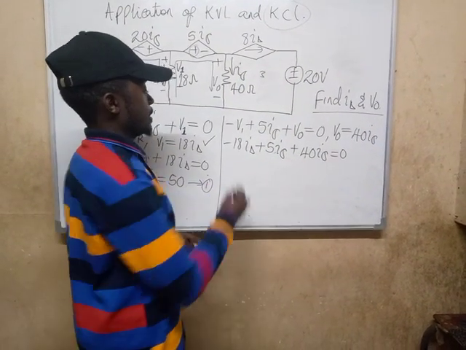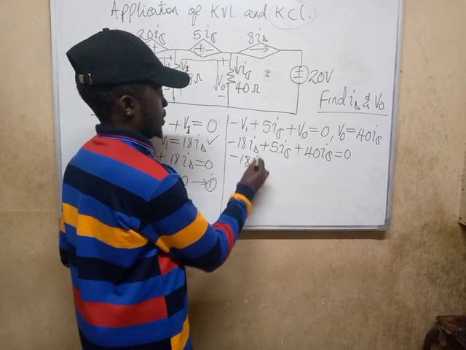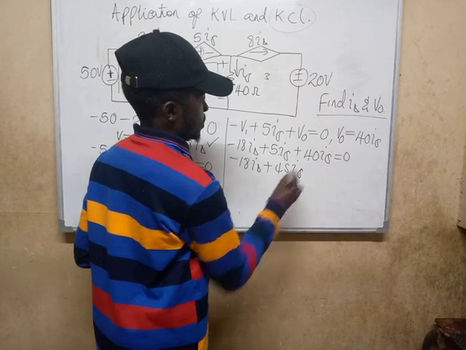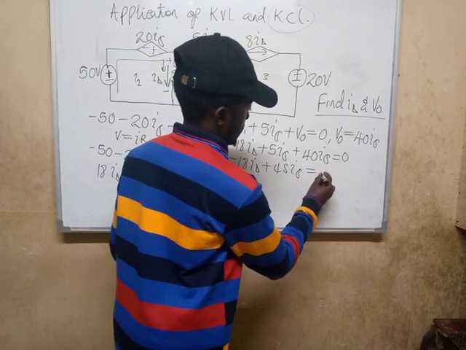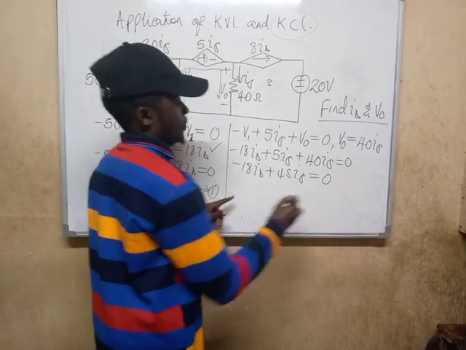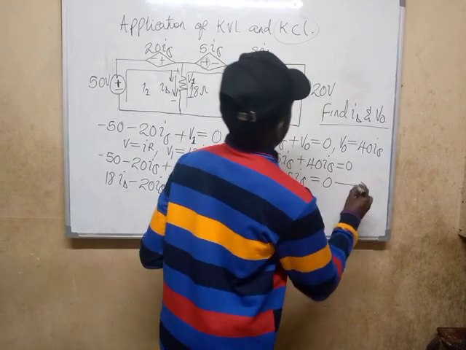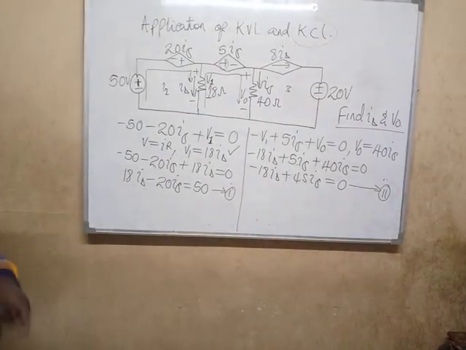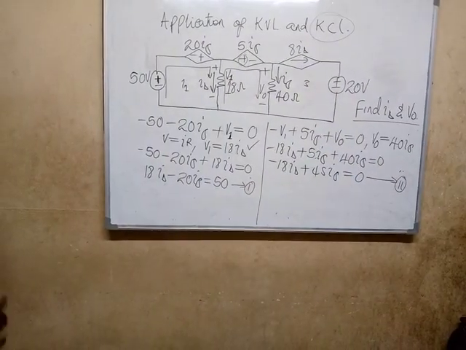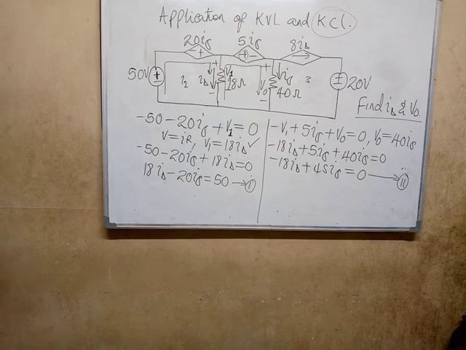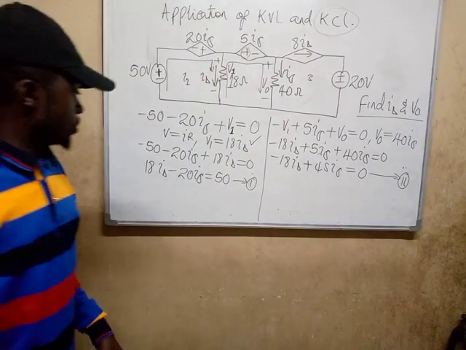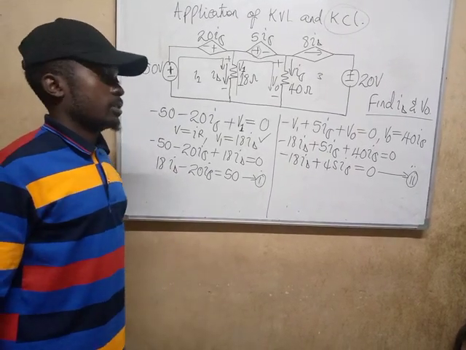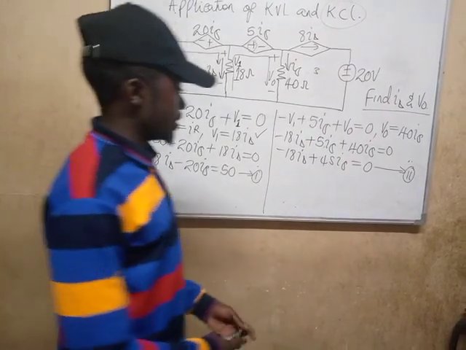So this plus this, I am getting 45 I sigma equals 0. I will get this as my equation 2. So I now have two equations in terms of I sigma and I delta, and I can solve them simultaneously.